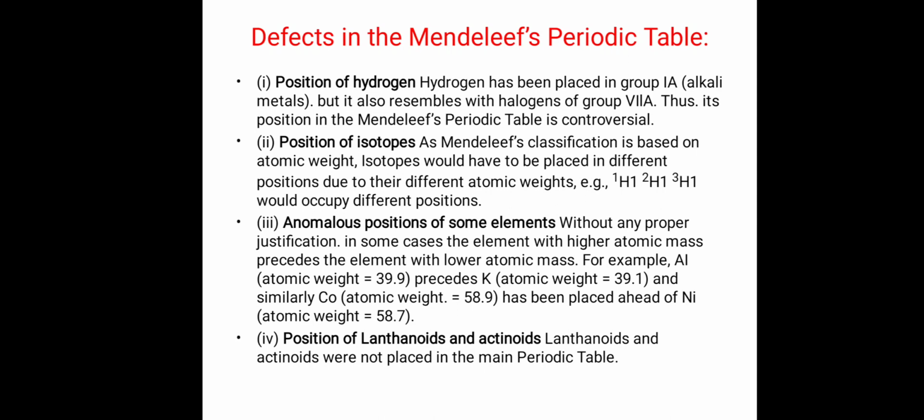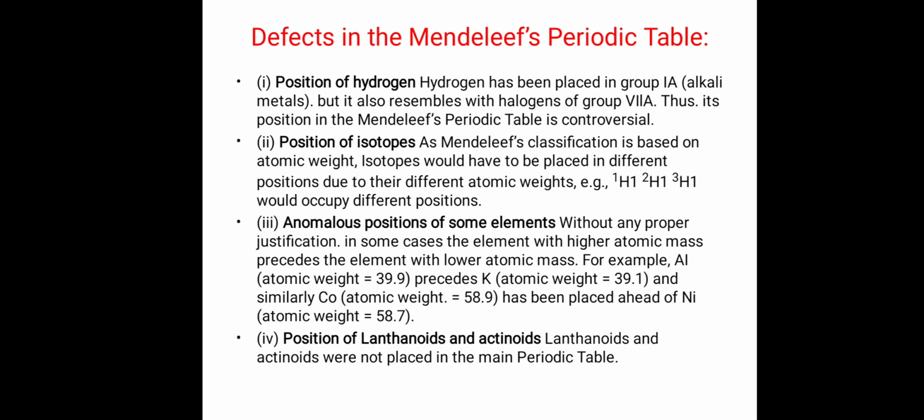Defects and demerits of Mendeleev's periodic table. These are the points not discussed or not clarified by Mendeleev. The first one is position of hydrogen in the periodic table. Second one is position of the isotopes. As Mendeleev's classification is based on atomic weight, isotopes would have to be placed in different positions due to their different atomic weights.